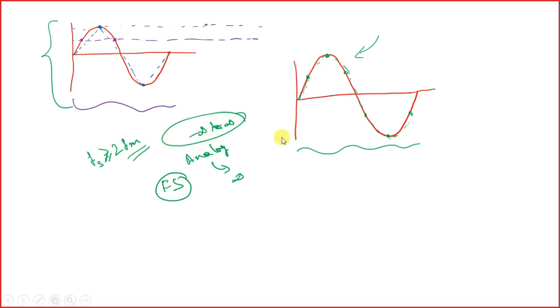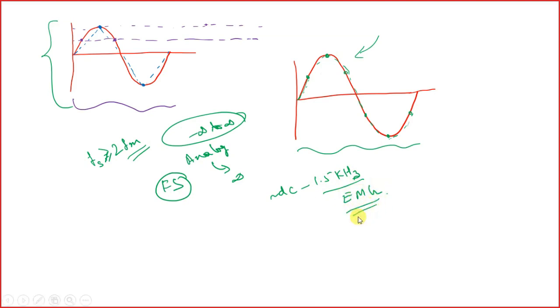So what to do? The best method is to band limit the signal, and most biosignals have frequency components starting from near the DC component to say 1.5 kilohertz, especially in the case of EMG signals.